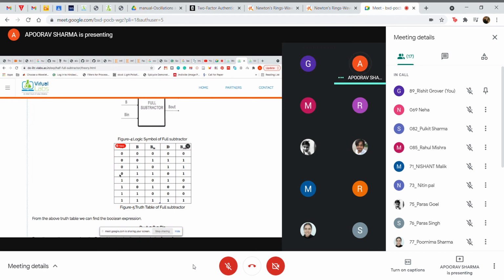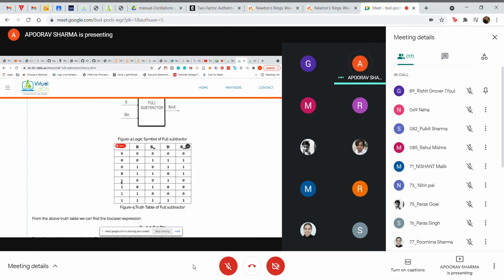Here you will have to take a borrow, because this bit is lower than this bit. 10 minus 1 is 1, again the result is 1, so now we will subtract that result from this, so 1 minus 1 is 0, and your borrow is recorded as 1, because you have to take a borrow first hand in this bit. Okay, so that borrow is also recorded.